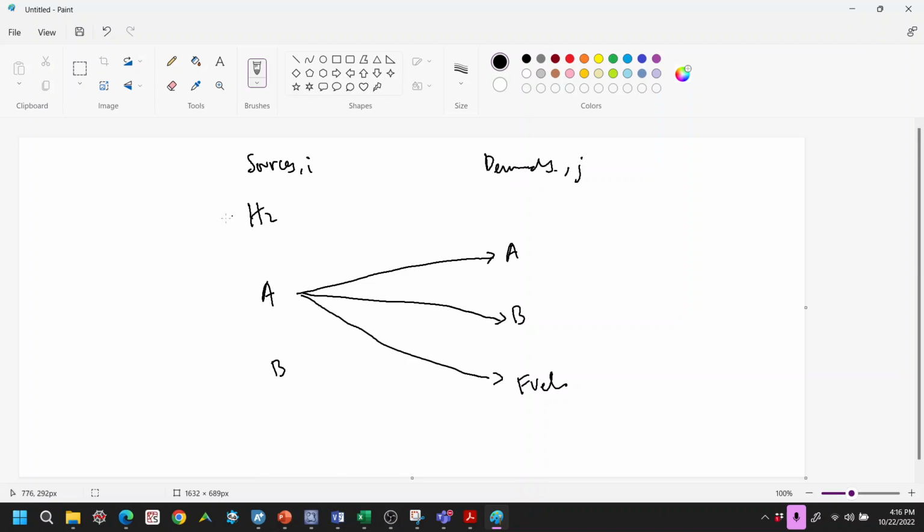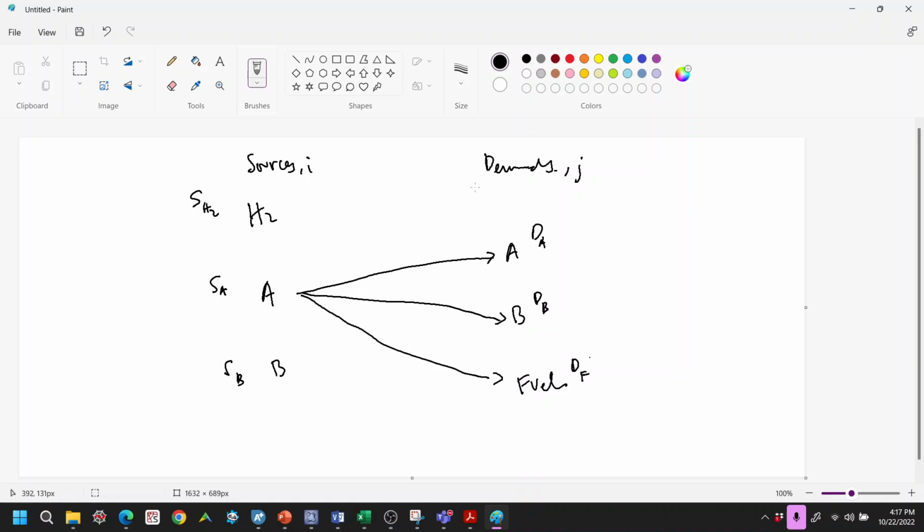Okay, so this we can say, well, this is S hydrogen, and then this is S A, subscript A, and then S B. Yeah, you with me so far, right? And then this one we can call demand A, and then demand B as a notation, and then demand F, for example.